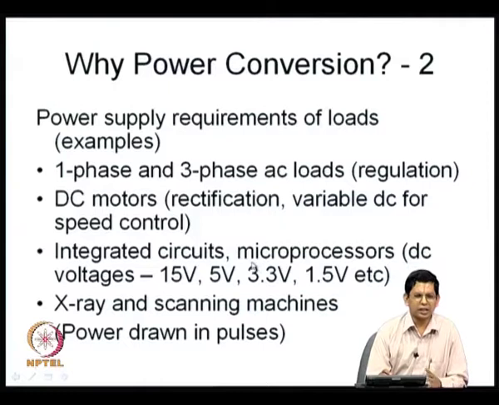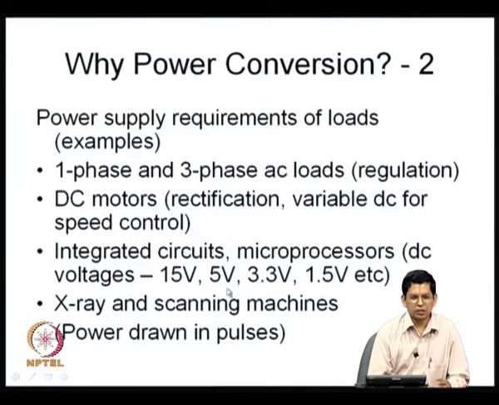Now, the DC motor is one kind of load. You can have several kinds of loads, small integrated circuits and microprocessors. These typically require DC voltages, in a wide range. There are several ICs like operational amplifiers etc., that might need a power supply voltage of plus minus 15 volts or plus minus 12 volts and so on. Several other ICs might need a 5 volt supply.